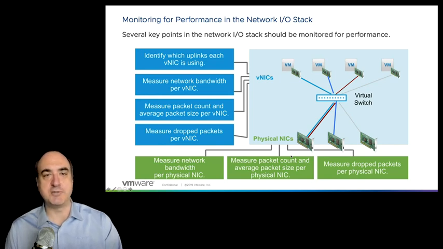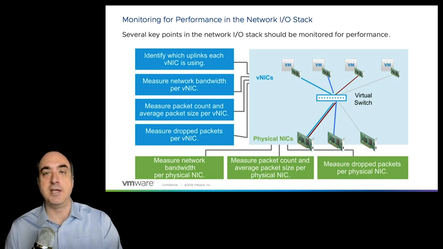For virtual machines, we have several key performance indicators. We're going to be able to look at network bandwidth being used per virtual NIC. There may be a case where we're looking at how much bandwidth is coming out of each of the different virtual NICs, and then measuring the packet count is another thing that environments may need to monitor.